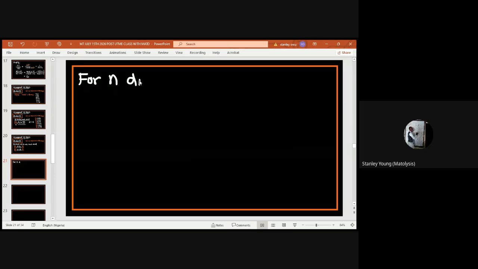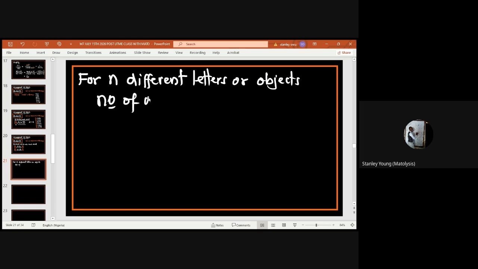So for n different letters or objects, the number of ways of rearranging such is n factorial.